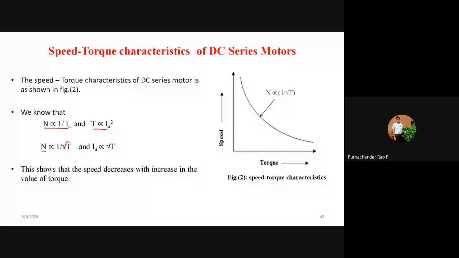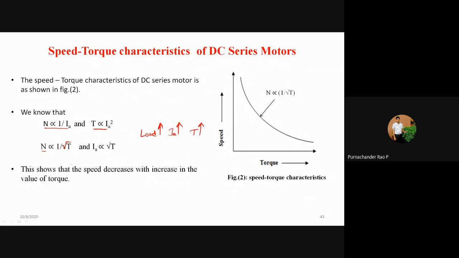Here, whenever the load increases, the torque increases automatically. When the load on the machine increases, your armature current increases and the torque increases.